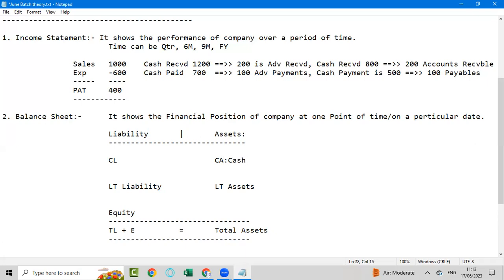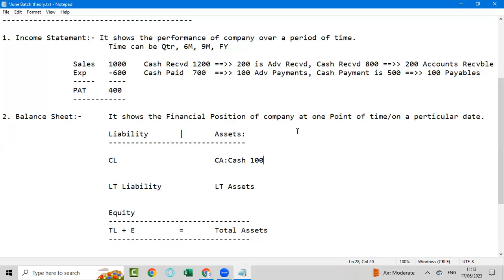Let's suppose under cash we have 100 crore of cash and the balance sheet is of 31st March. So it is on 31st March that the company had 100 crore of cash. On 30th March, it was different. On 1st April, it was different. But on 31st March, it was 100.